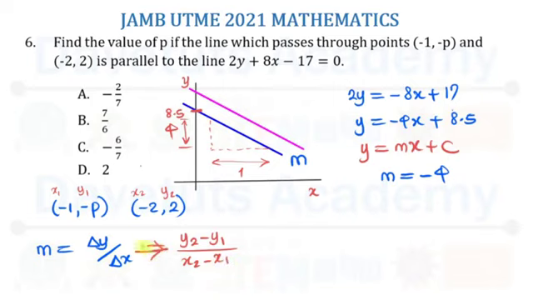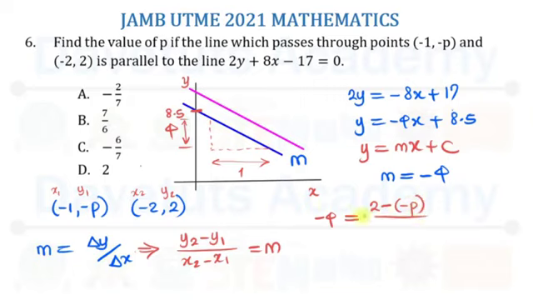That is going to give us nothing but the slope m that we are talking about. So if that's the case, we can bring in all the factors here. What is the value for m that we had initially? We have it that m is minus 4, which is equal to y2, we are taking it to be 2, 2 minus y1, we are taking that to be minus p.